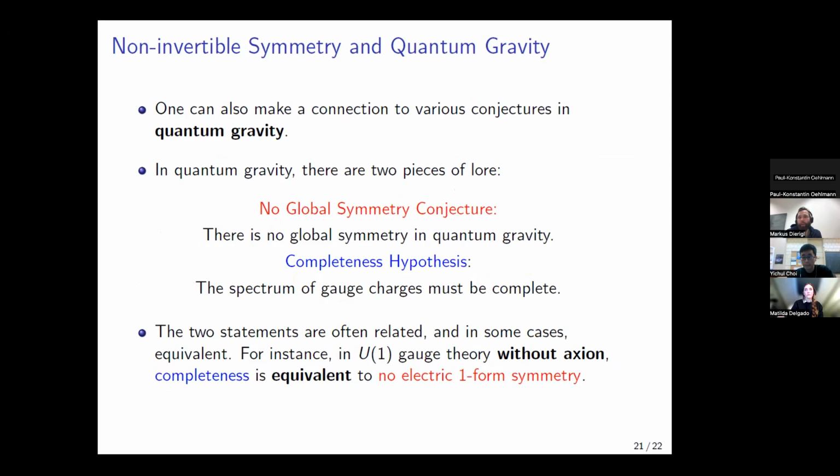My question would be, do you have any idea what completeness would look like for magnetic charges for these non-invertible symmetries? Yeah, so in the axion-Maxwell theory, it's more standard for magnetic charges. This theory has the magnetic one-form symmetry, which is just invertible, usually one magnetic one-form symmetry. And it will be broken if we include dynamical monopoles.